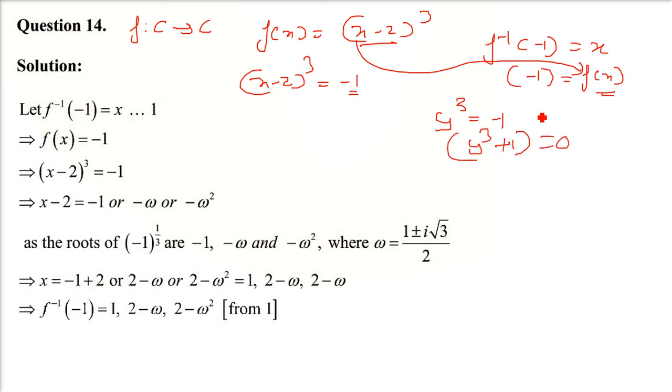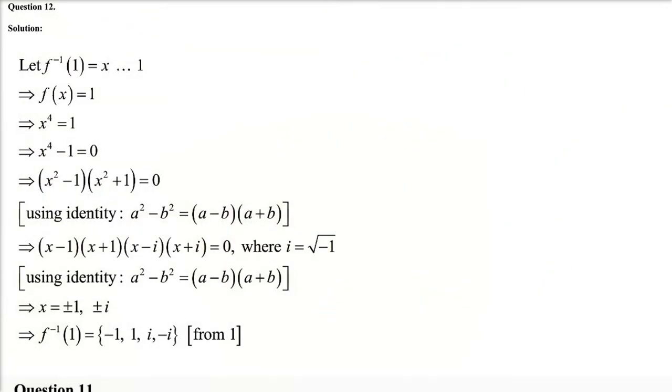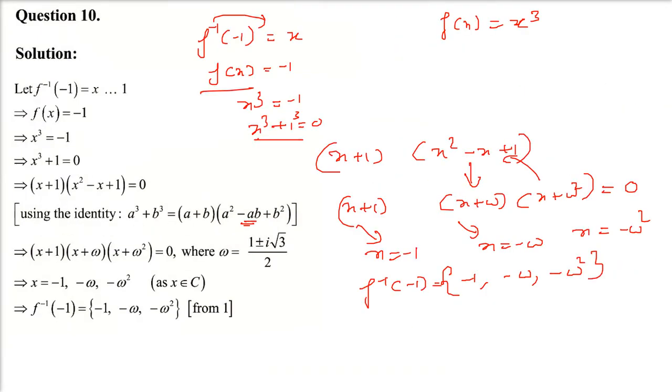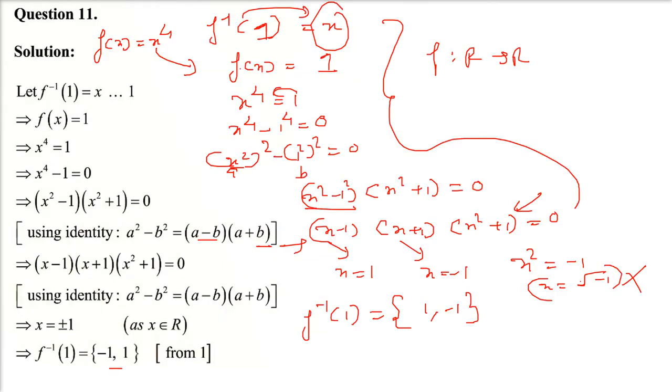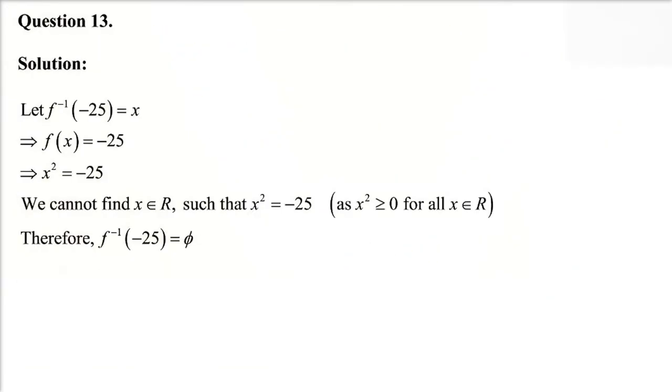That is the formula of a cube plus b cube. So x cube plus 1 cube or y cube plus 1 cube, the same result will be there. This already we have done. The roots are negative 1, negative omega and negative omega square. We have already solved it. You have to do it till here by yourself, because it has been already explained.